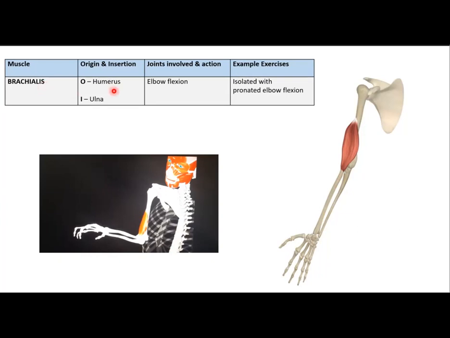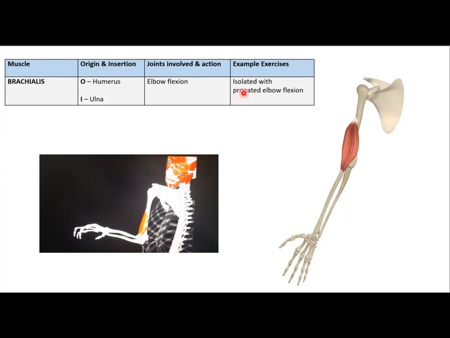Okay. So again, origin is your humerus. Now you know why you need to know the names of the bones. The humerus is the bone of your arm, and then it is attached to your ulna. What it does is an elbow flexion, but it doesn't do a supination. It actually does the opposite.